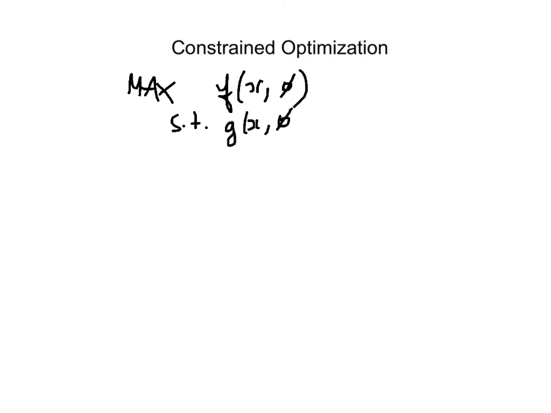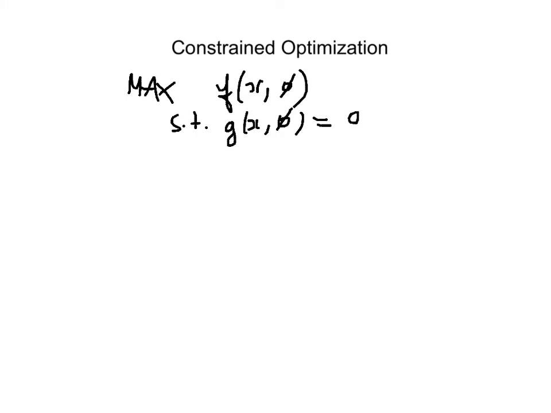So we're looking at the envelope theorem in a more general version in the context of constrained optimization, where we have to maximize a function f of x with parameter phi such that the constraint g, a function of x and phi, must be equal to 0.